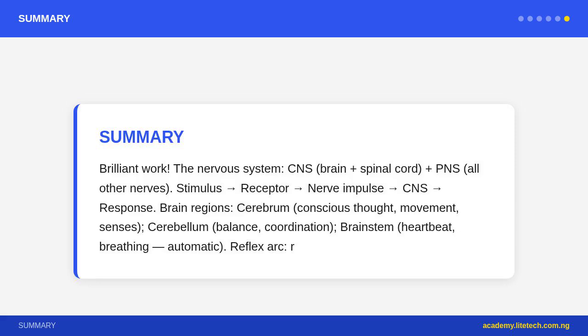Reflex arc: receptor, sensory neuron, relay neuron, spinal cord, motor neuron, effector, no brain involvement in the reflex itself. Sense organs: eye, light; ear, sound/balance; nose, smell; tongue, taste; skin, pressure, pain, temperature.